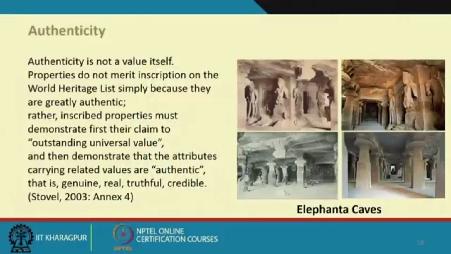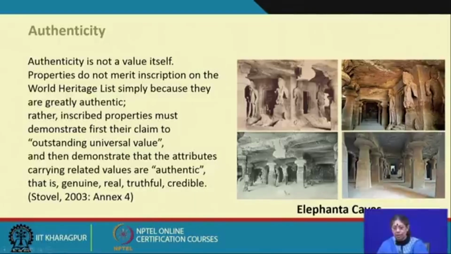If you see the old pictures of the Elephanta Caves, you can see what the situation was. The columns were hardly there, and even now we can see that many of the sculptures have not been rebuilt, they have been kept like that. Many of the columns have been reconstructed or restored because they are important to carry the load. That was necessary.